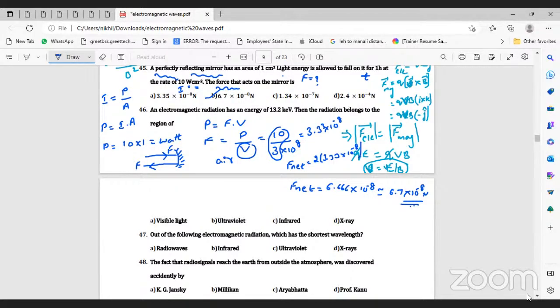Since the mirror has the ability to reflect, one force is when it is incident, and another force is when it is coming out from the mirror, that is the reflection. So the net force will be twice that, 6.666, which can be taken as 6.7 into 10 power minus 8 Newton.